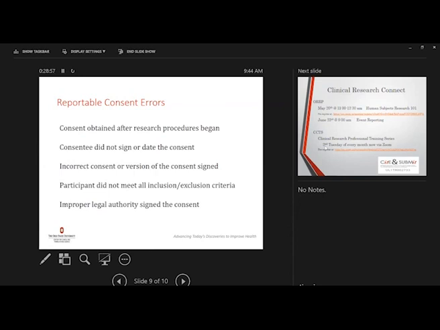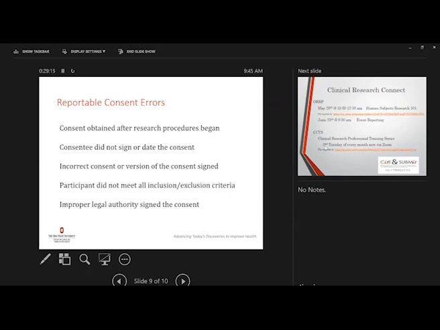So these are all things that you want to take into consideration when approaching that consent process. It's not just a matter of going down and reading the consent to the participant and then saying, so do you want to be in my study?